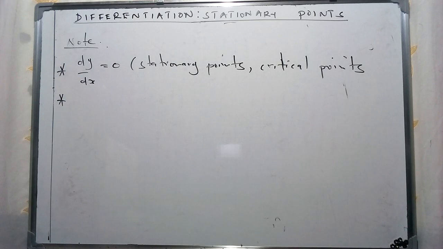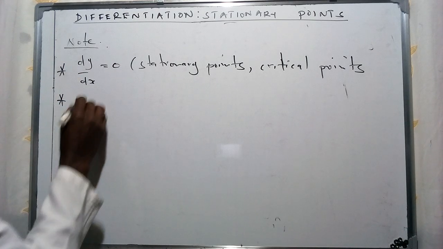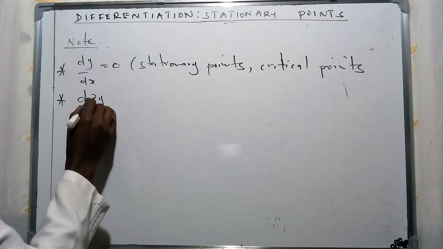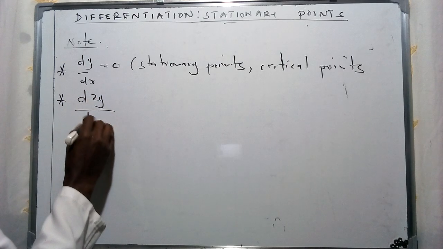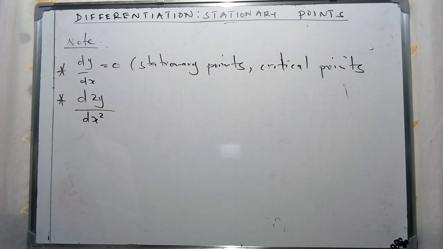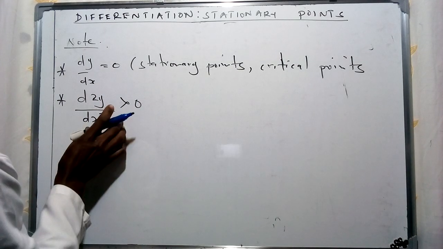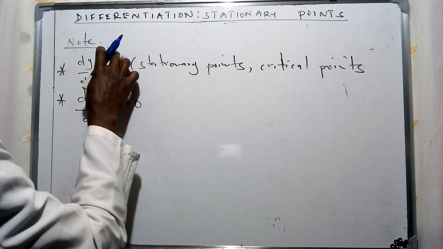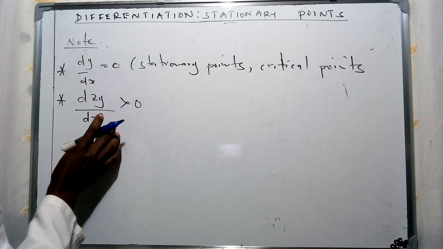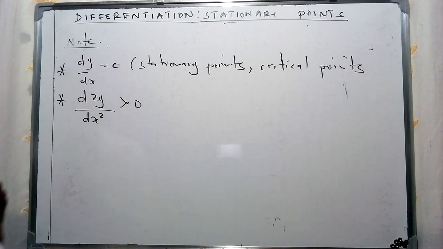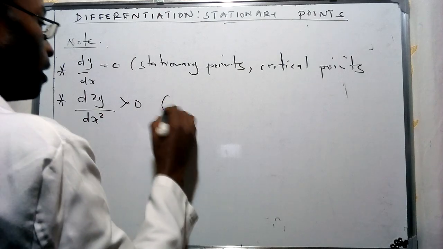So suppose we have the second derivative with respect to x, d²y over dx², given as greater than 0. So this is the first differential of this specific curve, and this is the second one. Now, if the second differential of this function or curve is greater than 0, this is going to be regarded as the minimum.